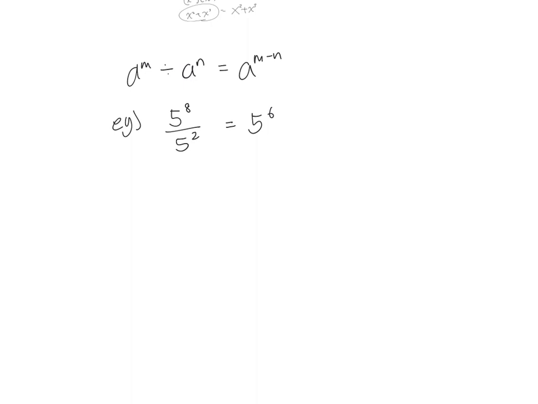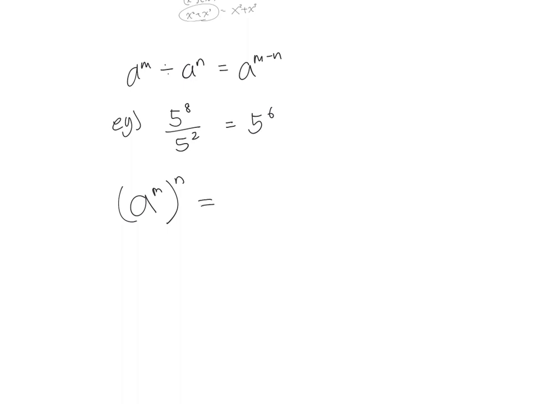Another one is when you have an exponent on top of another exponent. So if I have a base with an exponent, and I'm adding another exponent on top of that, I'm raising a to the power of n, all to the power of m.